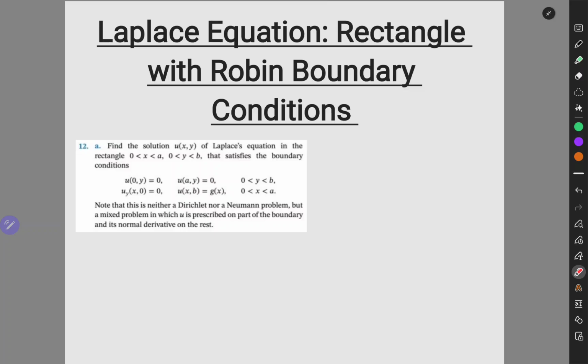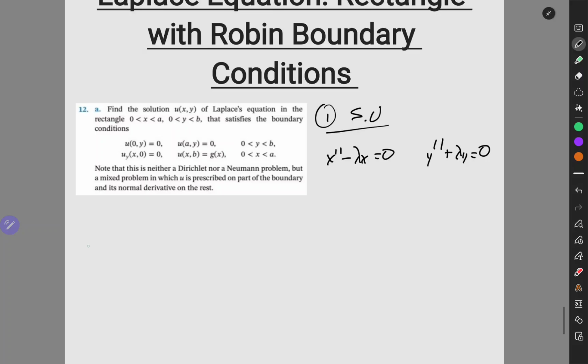So let's get right into it. Remember step 1, separate variables. We know what the answer is to this already. We can now go to the boundary value problem.